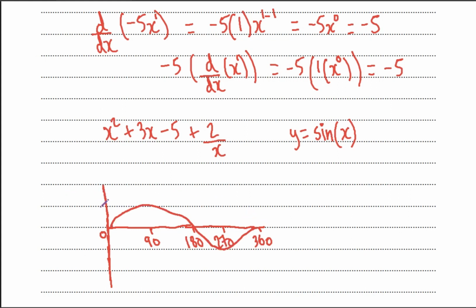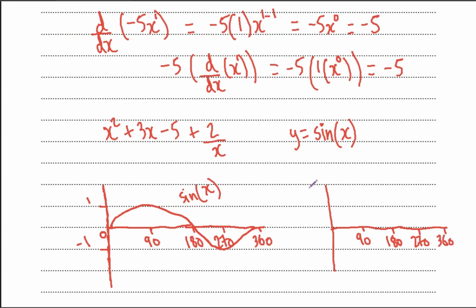So this is 1, and this is negative 1. This is just y is equal to sine of x, right? Now let's do something. Let's draw another graph. We'll have 90, 180, 270, and 360.